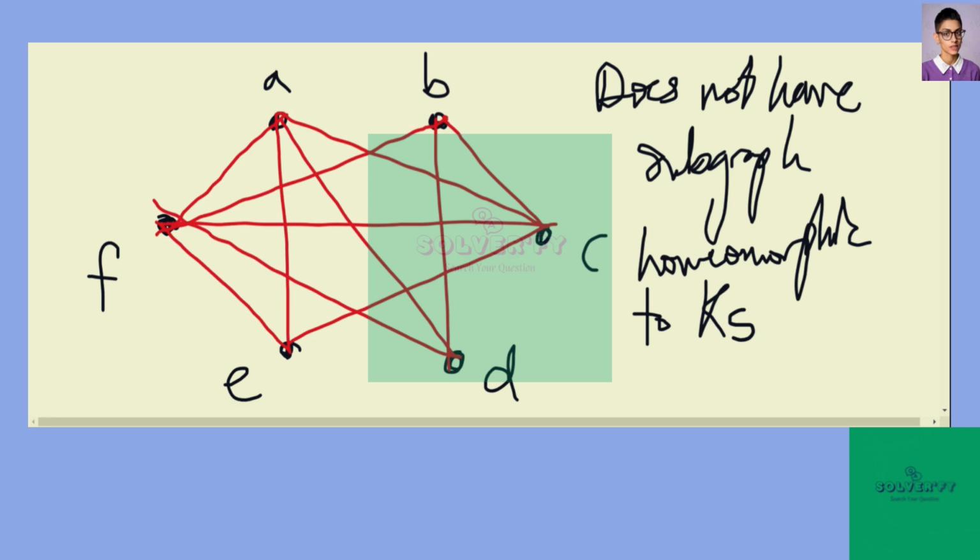So notice that B has a degree of 3, D also has a degree of 3, E has a degree of 3, and we know that K5 requires 5 vertices of degree 4 each.